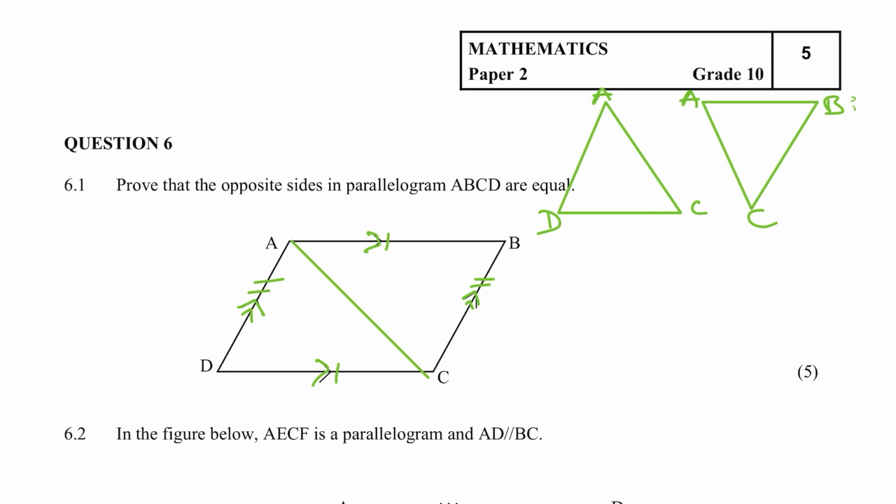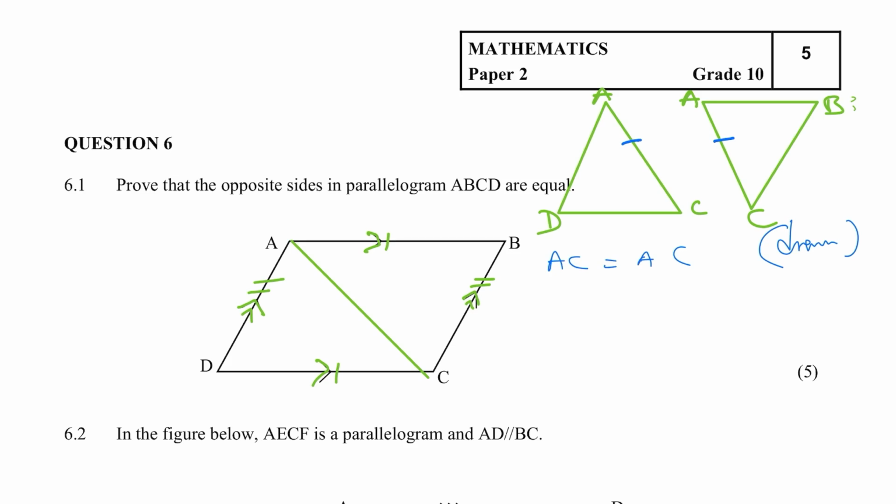So you have two triangles, and of course we know that AC is equal to AC. This is given, or you can just say drawn or given, it's up to you. You've drawn the line AC, so AC is equal to AC.